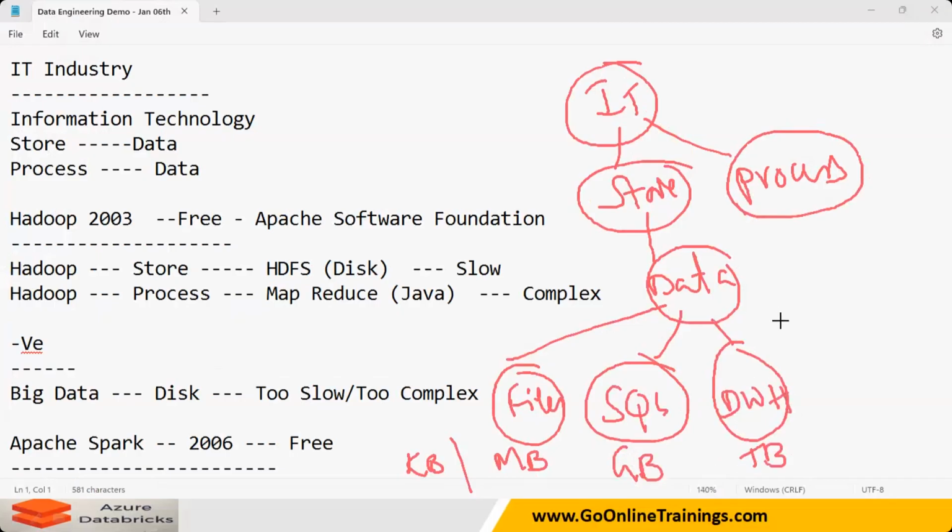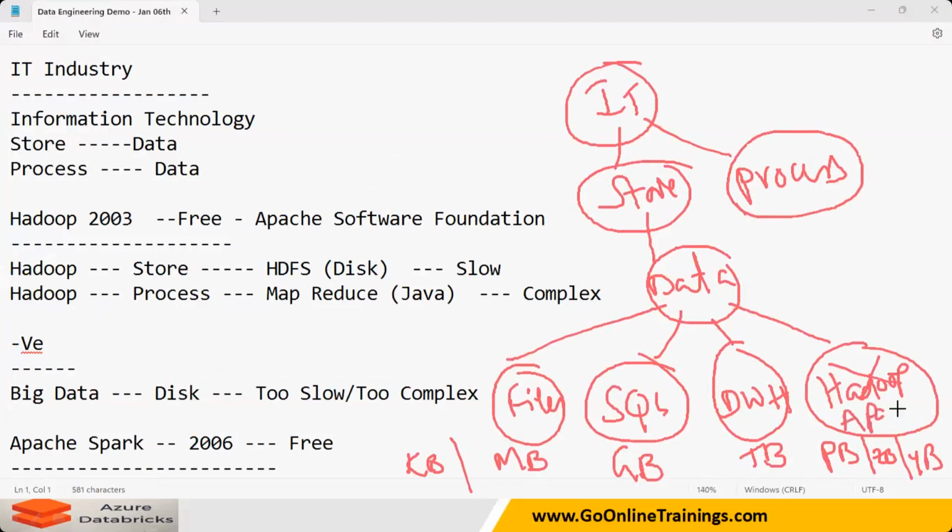If the data is in petabytes, zettabytes, yottabytes, that is unlimited data, then the IT industry is going to be storing the data in a system, or technology, called Hadoop. Hadoop is gone today. We are going to be using Apache Spark. We are talking about the year 2025.